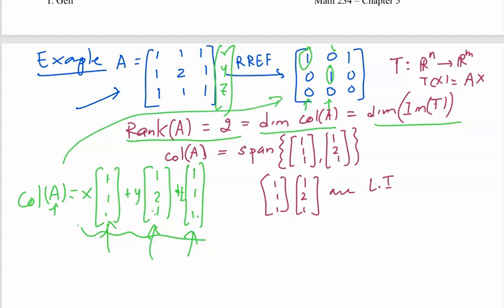Only 2 of them are linearly independent, so that's why we only take 2 of them. The column space of A is the span of these 2 vectors, not all 3 of them. So only 2 vectors span the column space of A, since they are linearly independent. Okay, all right, we'll continue this one.